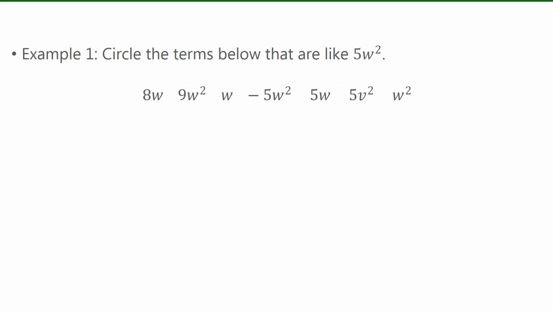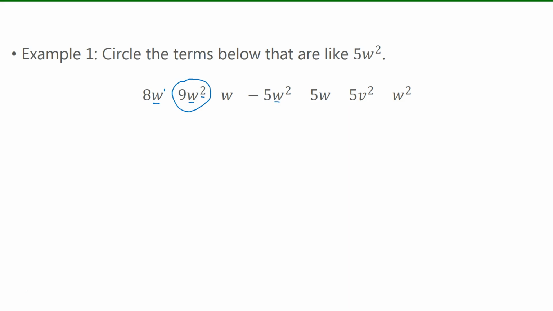In this first example, we circle all the terms below that are like 5w squared. Again, we're looking for the same variable and same exponent. So 8w has the same variable, but not the same exponent. 9w squared works. It has a w and it has a 2. Next we have w, so it's not the same exponent.